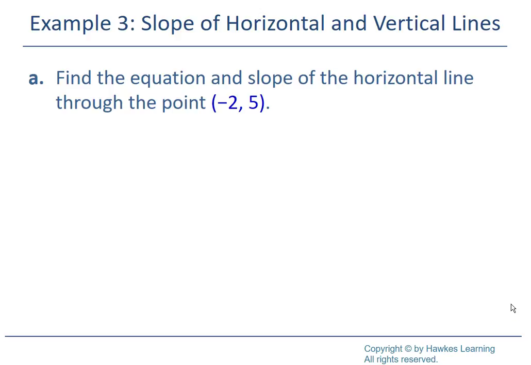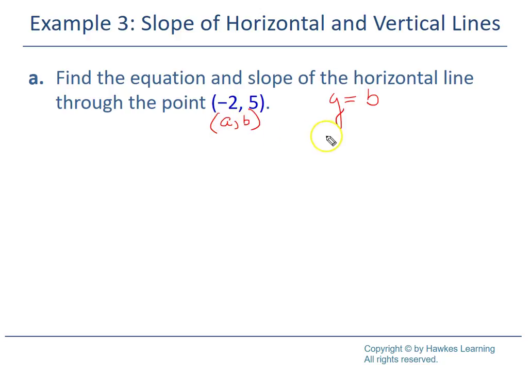Now, find an equation and slope of a horizontal line going through this point. So, good practice now. This is a comma b, and a horizontal line equation is y equals b.